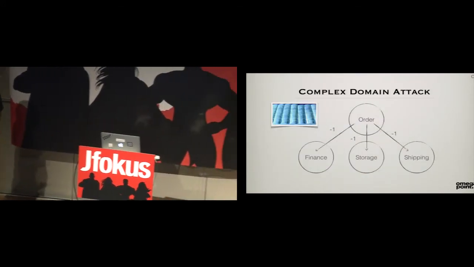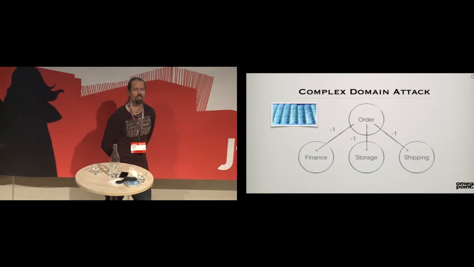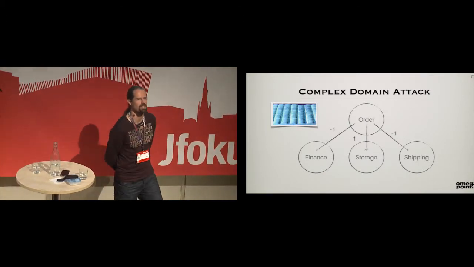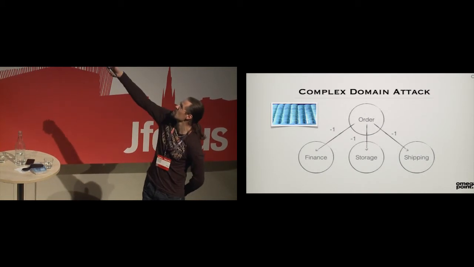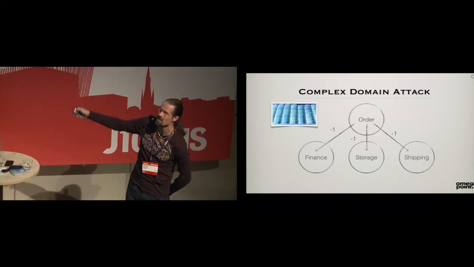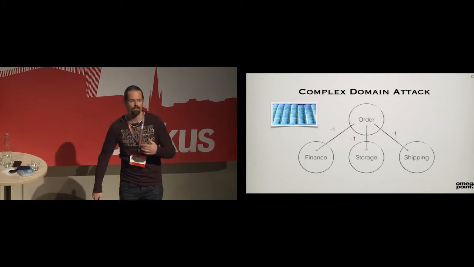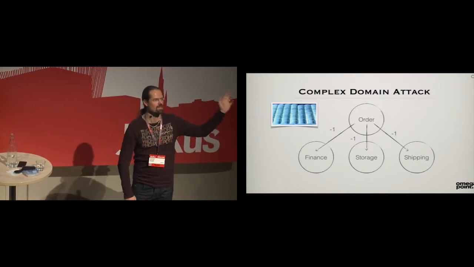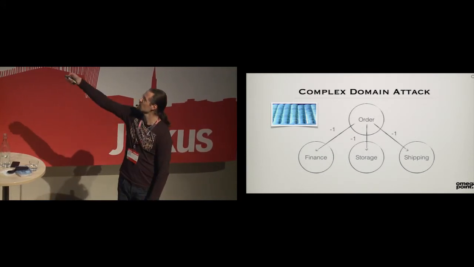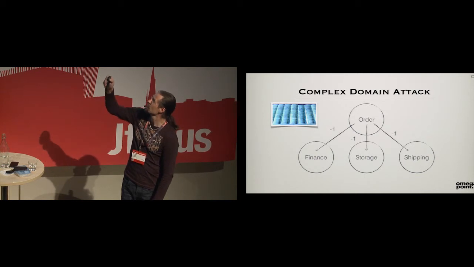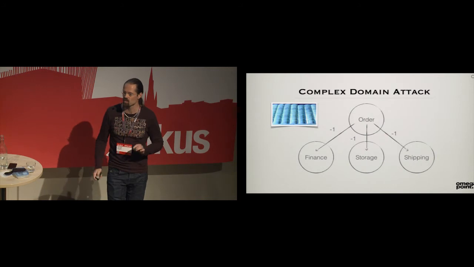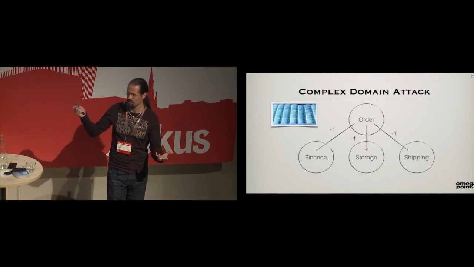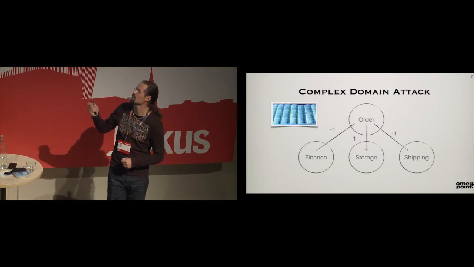Yeah, you remember the initial example where we have bookstores selling -1 encyclopedia? We've said that the order system is probably integrating with the finance system, sending -1 times the amount to the finance system. It probably also interacts with the storage system, inventory, and the shipping system.